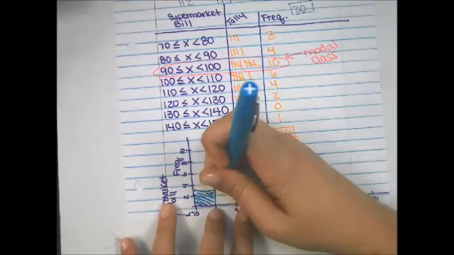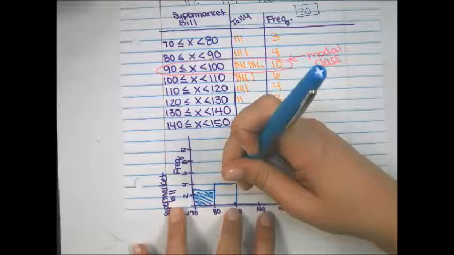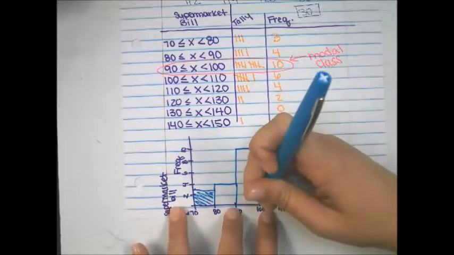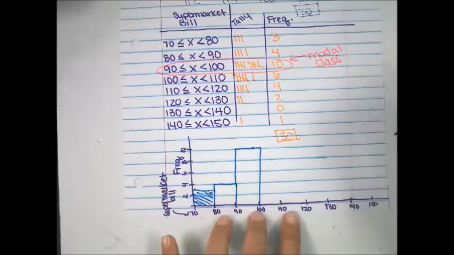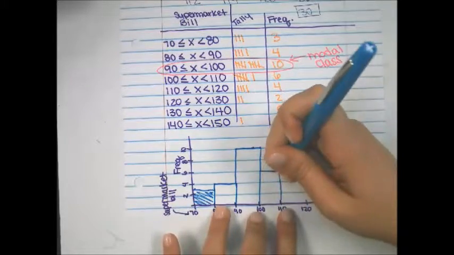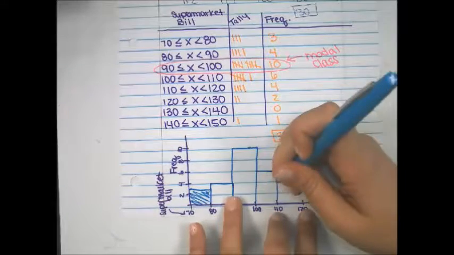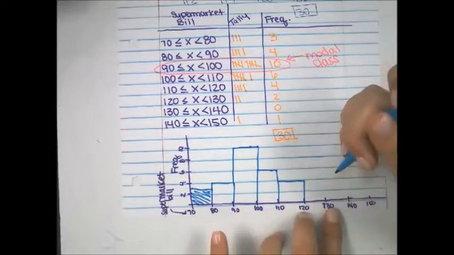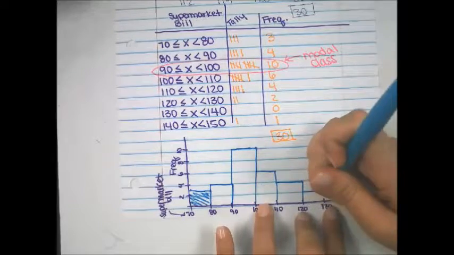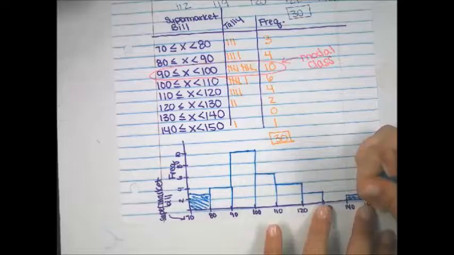Between 80 and 90, there were 4 bills that fell here. Between 90 and 100, there were 10. Between 100 and 110, we had 6. Between 110 and 120, we had 4. 120 and 130, there were 2. And then we skipped one, and then there was only 1 out here.